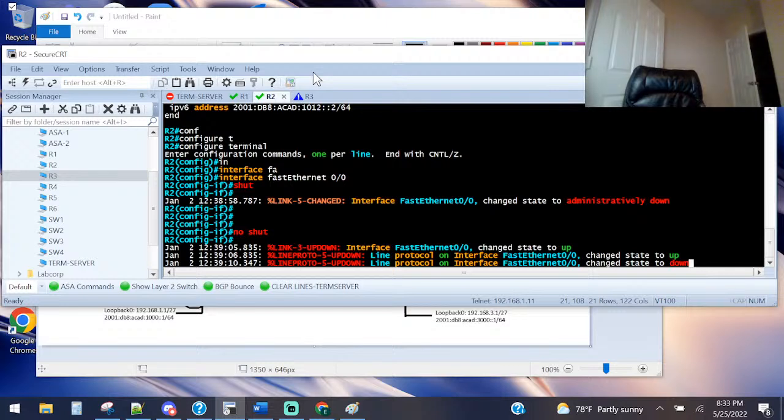We might have to, let's see. Router 2, there he is right there. I do have a cable. Oh, that one just went back down. Now I see what's going on. Let me make sure.